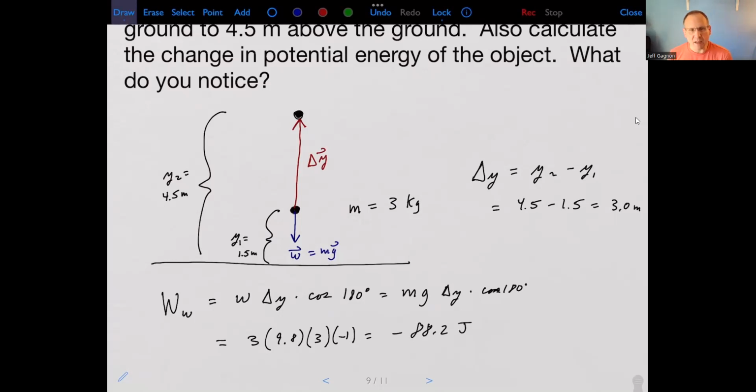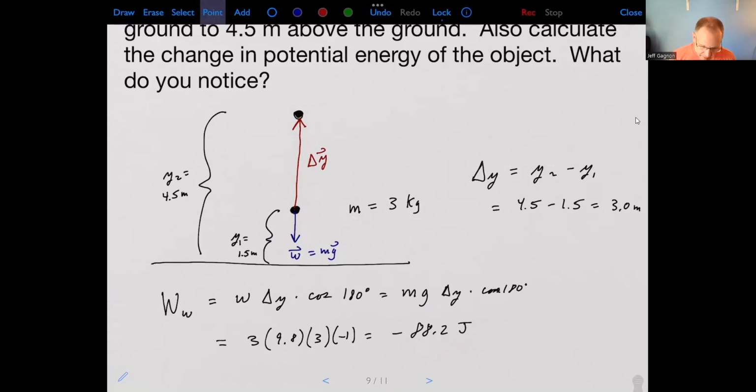And it makes sense, because the force due to gravity, the weight, is opposing the displacement, so it's doing negative work. As the object rises from here to here, the weight is doing negative work on the object. In fact, it's doing negative 88.2 joules.